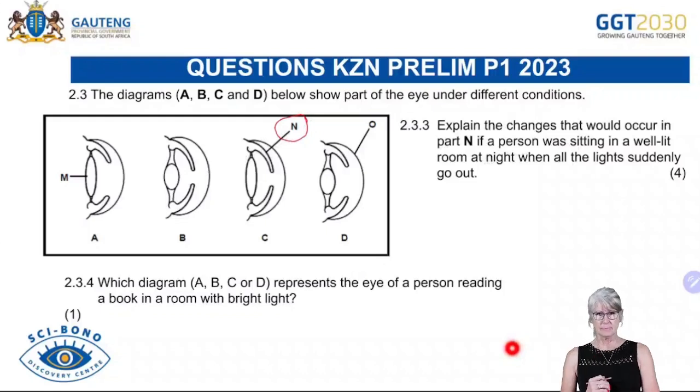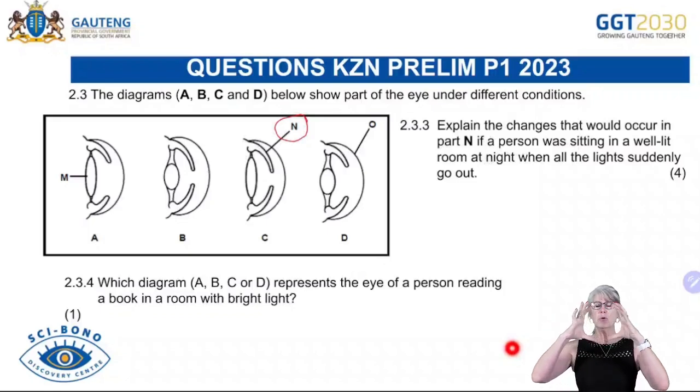There's load shedding. What is going to happen to part N? We said the iris limits the amount of light when there's bright light, but allows more light in when there's dim light. Let's see what they say.